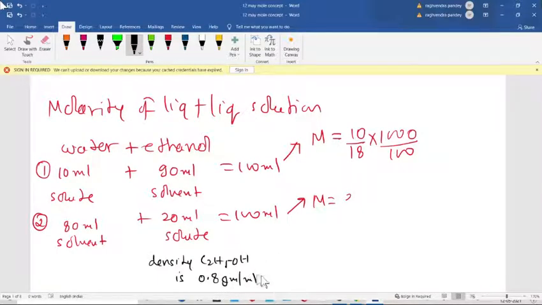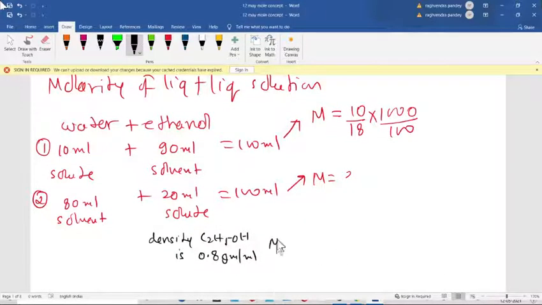Mass, or weight, you can take as density into volume, because density is mass upon volume. Now you see, in the water case we have not considered density, because density is 1. So 10 ml means 10 gram water, no problem, you just put 10.